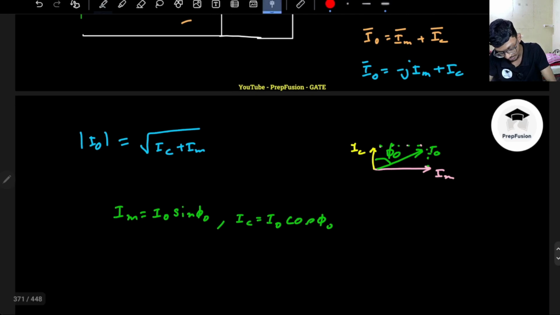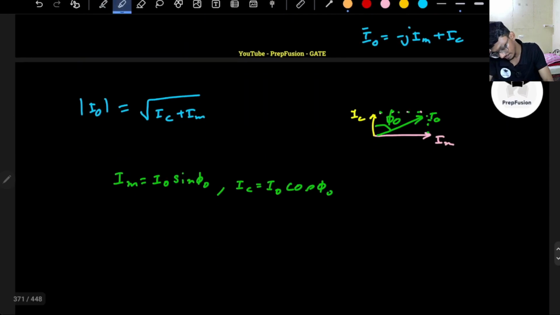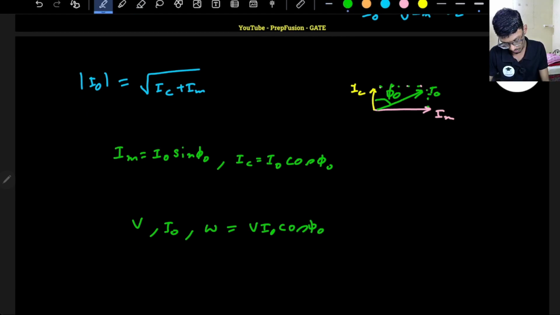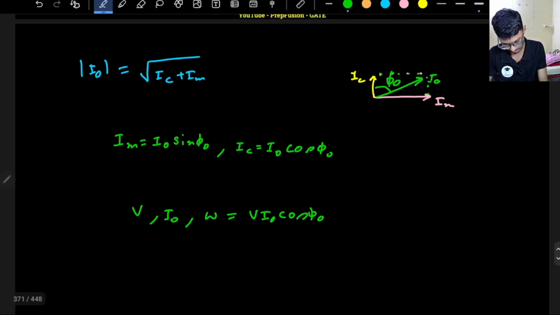So how do I find out phi naught? I know the voltage, I know the current IO, and I know the wattmeter reading. The wattmeter reading is simply V IO cos phi naught. So if I divide the wattmeter reading by V into IO, that will give me cos phi naught.